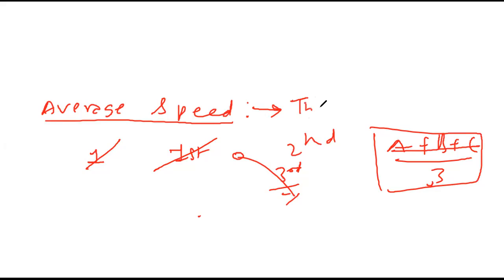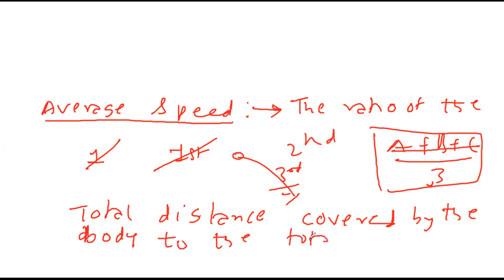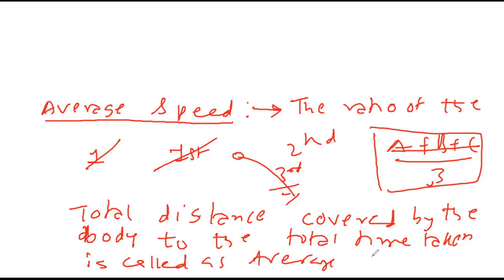So that's why they say you have to get marks in every test. So average means total of all divided by that number. So the ratio of the total distance covered by the body to the total time taken is called average speed. Right.